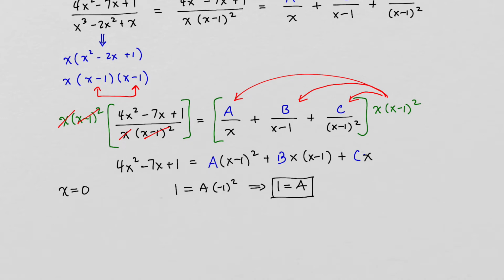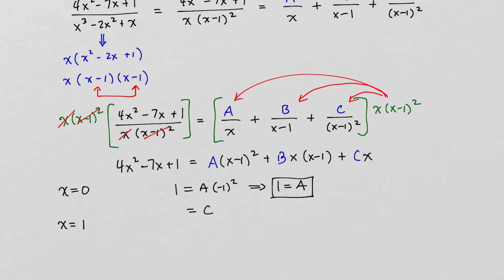Now what's the next value of x that I'd like to use? Well, I want to use a value of x that's going to cancel this other factor. So I'll plug in x equals 1, because 1 minus 1 is 0. So if I plug in x equals 1, this factor is going to cancel out, and this factor is going to cancel out, and all we're going to have left over is c times 1, which is c.